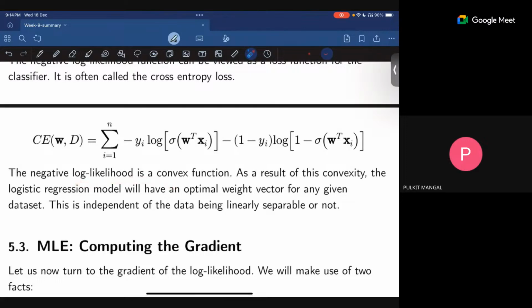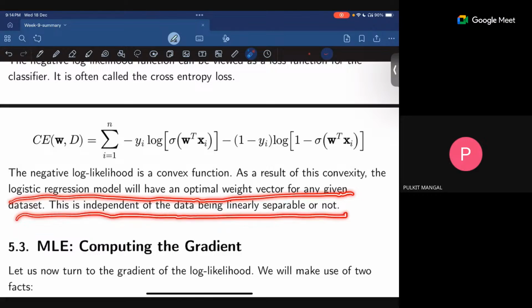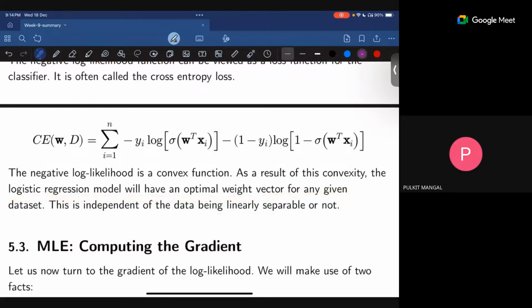And this negative log likelihood is a convex function. Because of this convexity, logistic regression will have an optimal weight vector for any given data set, independent of the data being linearly separable or not. This is an important point: logistic regression always outputs an optimal weight vector, independent of the data.